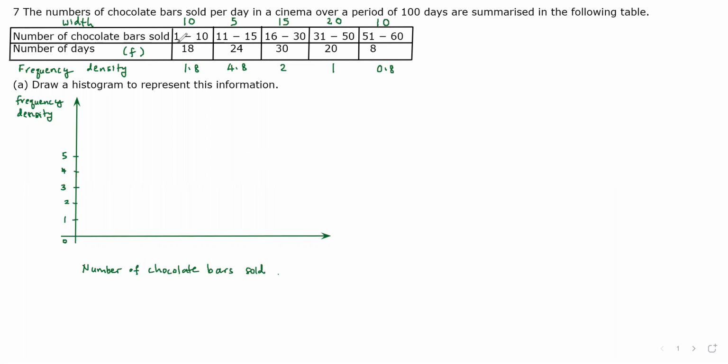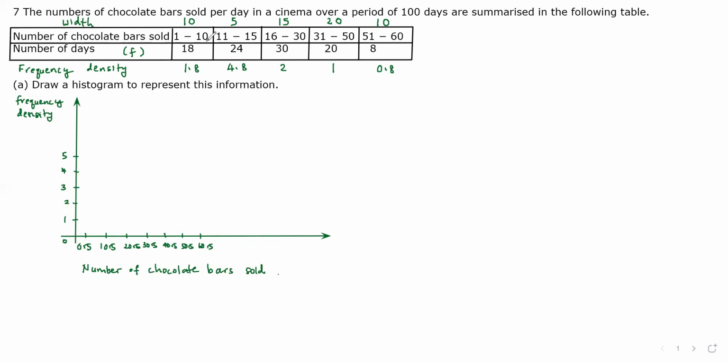The first class has boundary from 0.5 to 10.5. We can always start from 0.5, then go up by a scale of 10: 10.5, 20.5, 30.5, 40.5, 50.5, and 60.5.